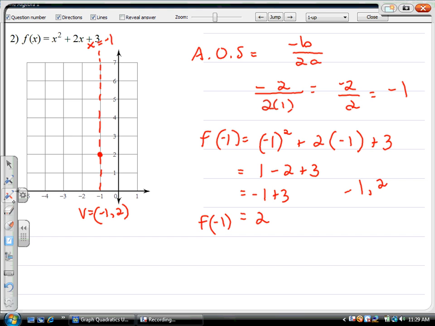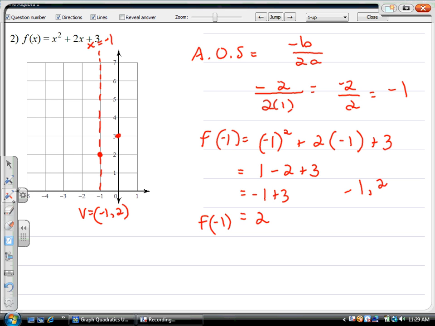okay, anytime we plot anything on our graph, on a test or quiz, you want to write it down. That way, again, it shows me that you really know what you're doing. You're not just plotting points randomly. A couple other things we can do is we can now go ahead and find the y-intercept, which in standard form is very easy to do. It's the value of c, and in that case it's 3.